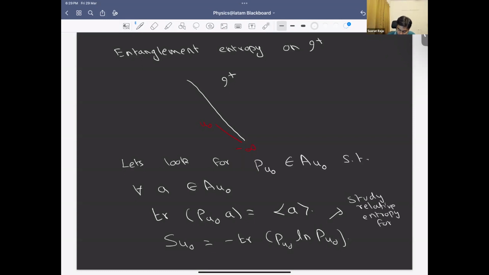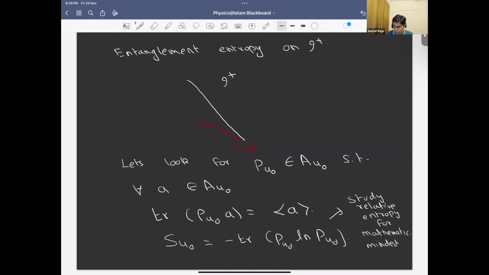But I'm going to be somewhat simple-minded and I'll work with the von Neumann entropy because the UV issues are kind of irrelevant to what we're talking about. But as I said, you can frame the whole discussion in terms of relative entropy. There's no problem.